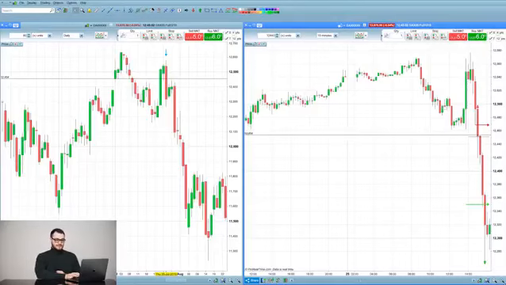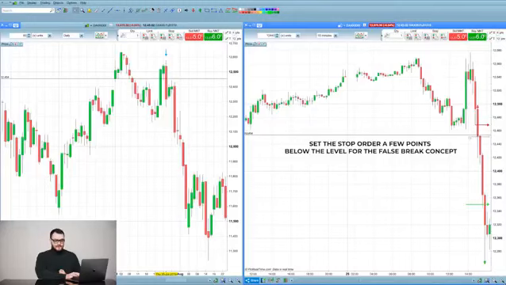And the price can be anywhere around these candles. It does not matter. What matters is that we set out our stop order a few points beyond the level for the false break concept, as you can remember that I was teaching you a few lessons back.